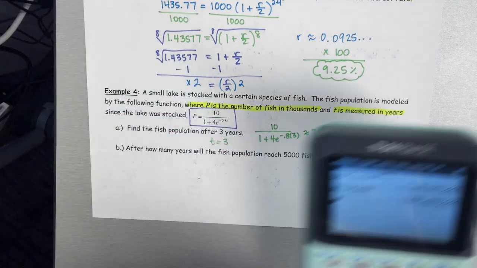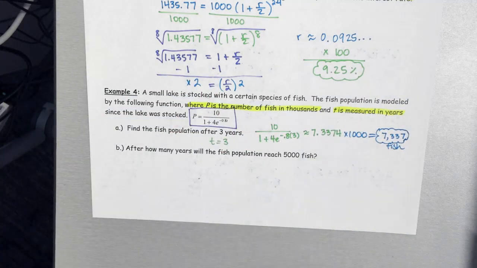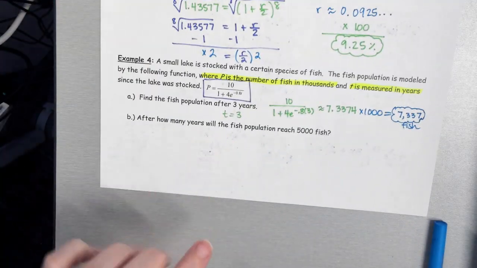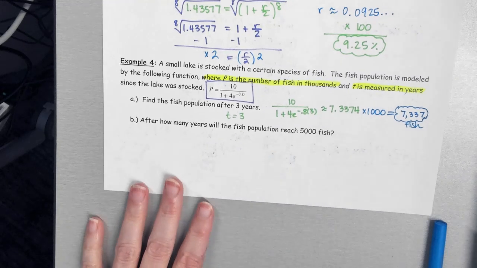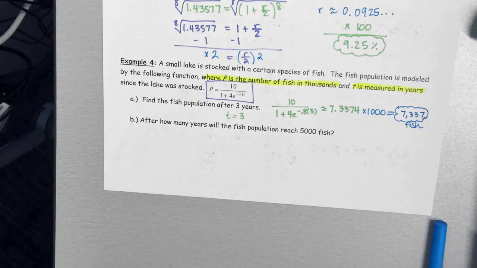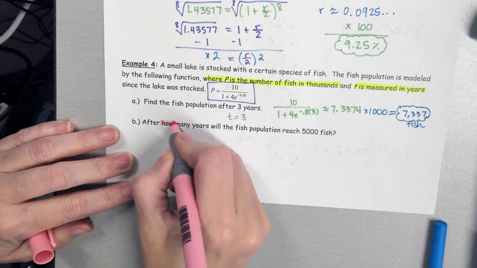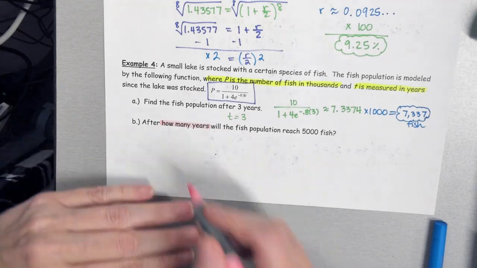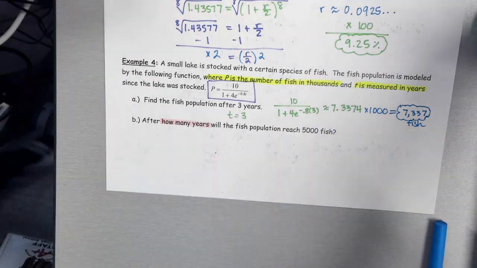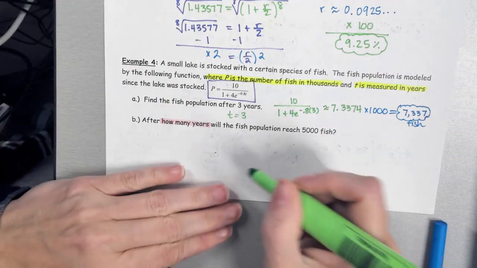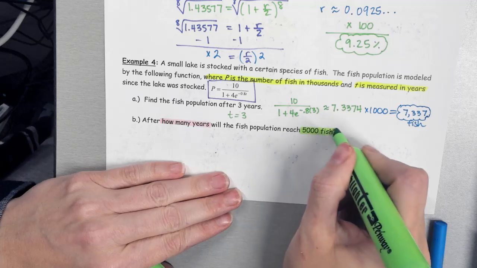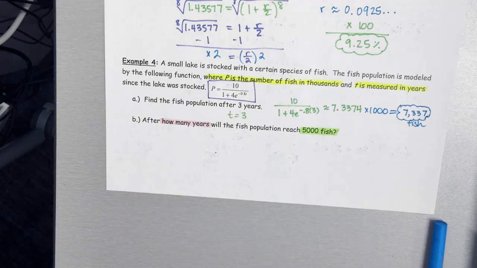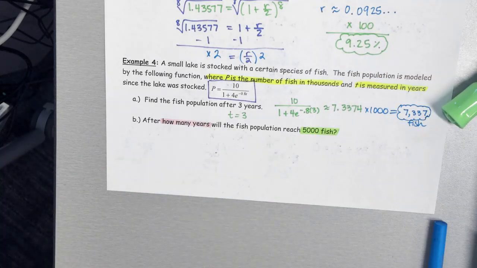Okay, and then it says, after how many years will the fish population reach 5,000 fish? Okay, so how many years is what we're trying to find. They tell you you want the population to reach 5,000. Okay, so let's set up the equation.